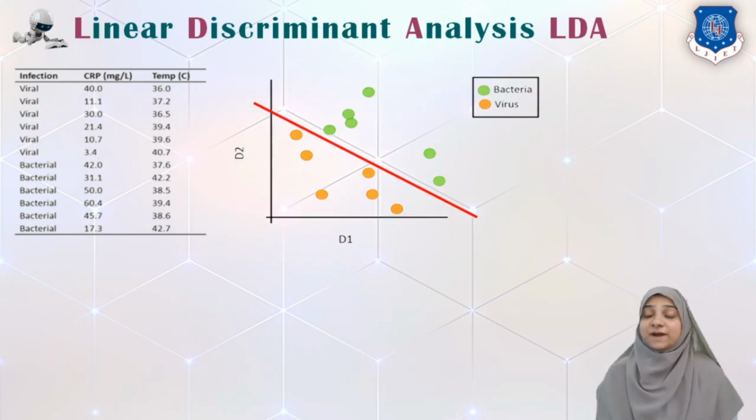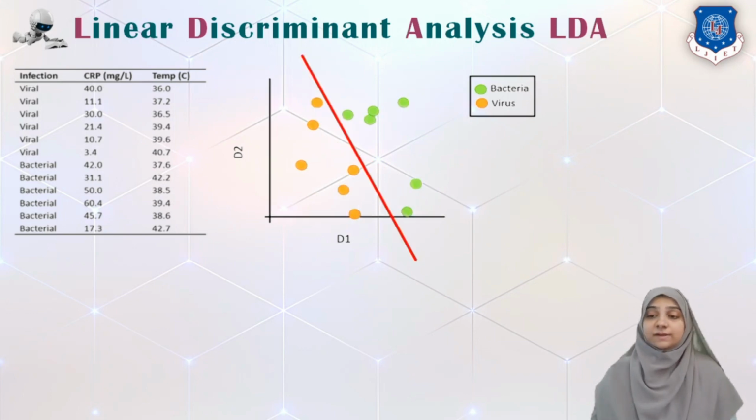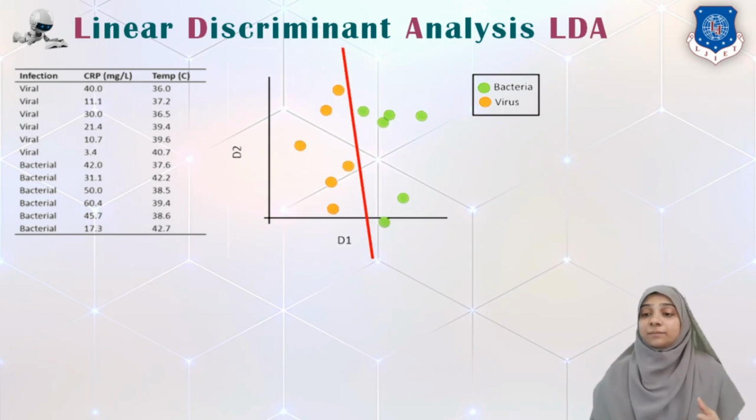So I need to find a clear classification of the different classes. First of all, we will find a border where we can separate bacterial infection and viral infection. Then we will rotate this line along the data points such that it can be viewed vertically straight.